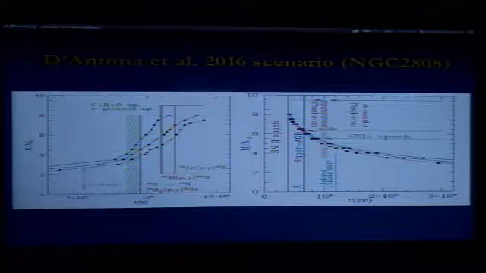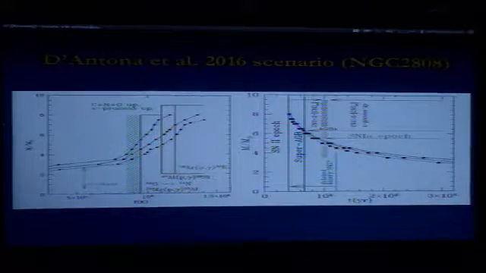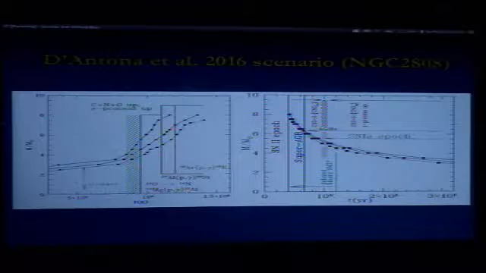To explain the situation, the best current situation for the case of the AGB polluter, we can recall the paper by Franca D'Antona. Here is the maximum temperature that you experience during the AGB at the base of the convective envelope, so the hot bottom burning, against the mass of the star.